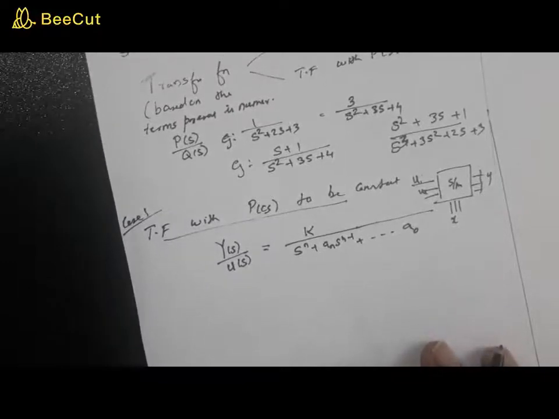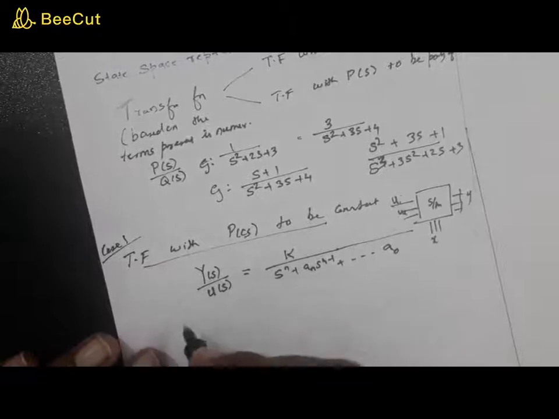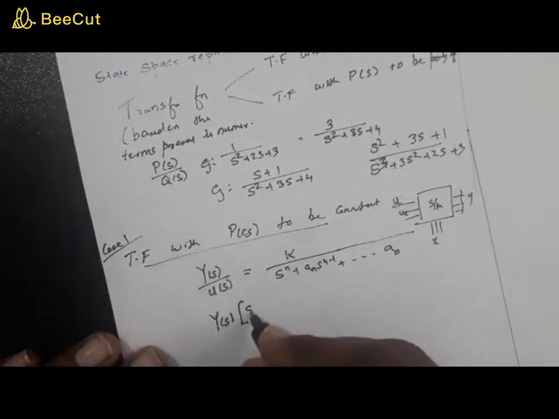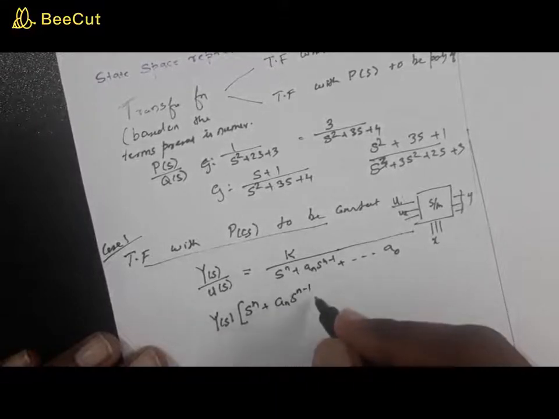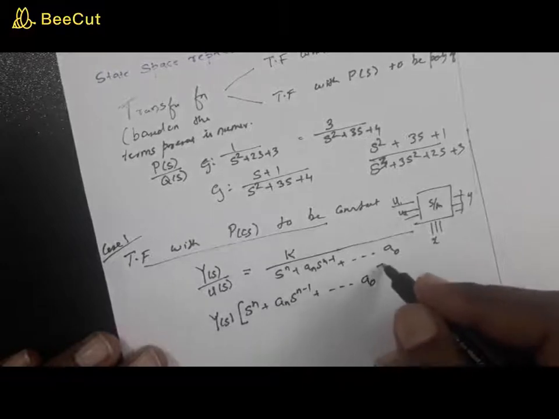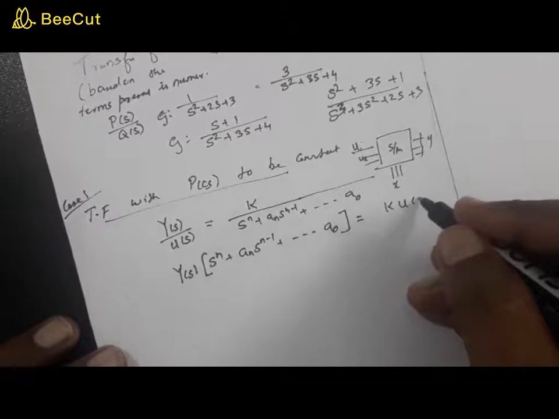In this case, what you need to do is quite simple. You can cross multiply. On cross multiplying, you will get y of s into s raised to n plus an into s raised to n minus 1 up to a0 is equal to k into u of s.